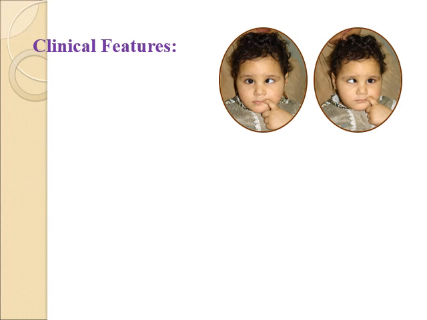Why alternating? Because both eyes alternate with each other. Why concomitant? Because there is no paralysis of the extraocular muscle. Why convergent?